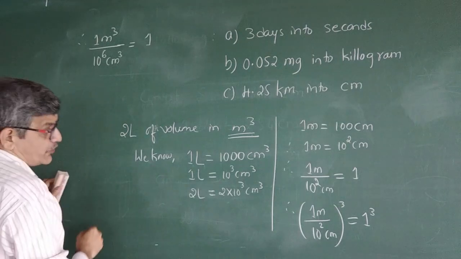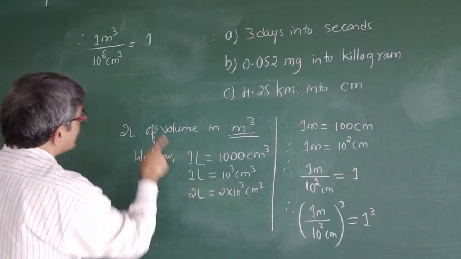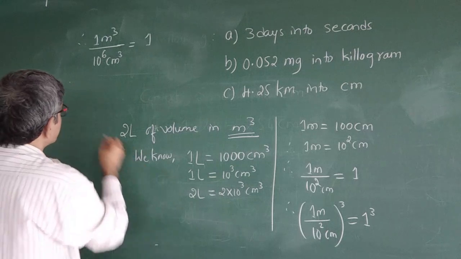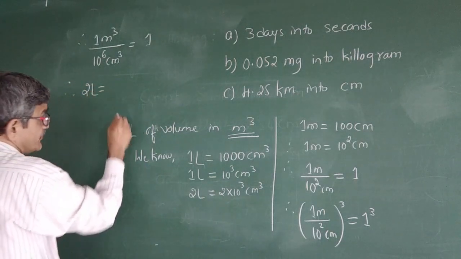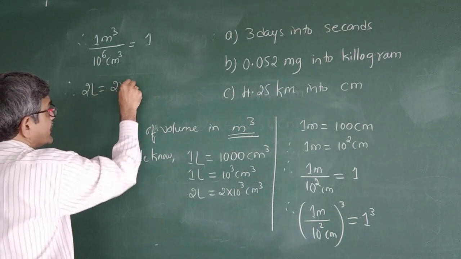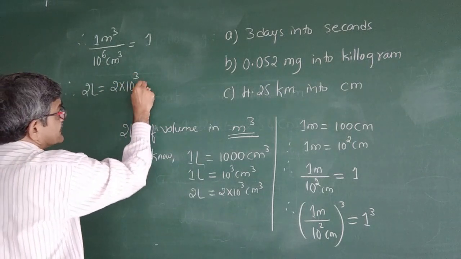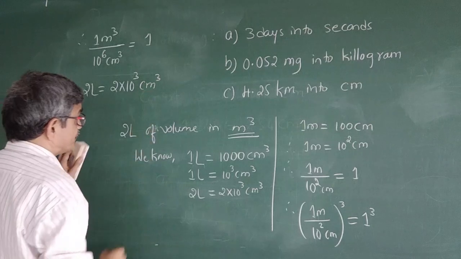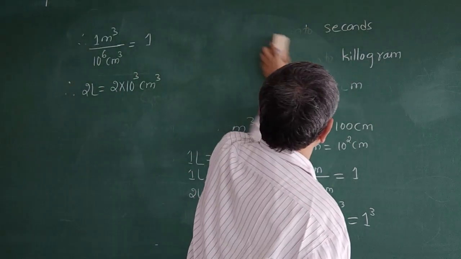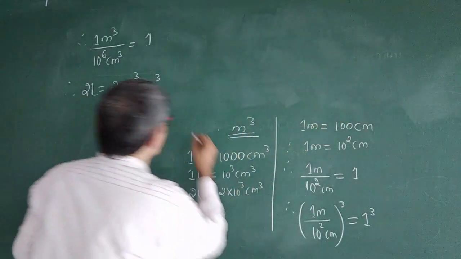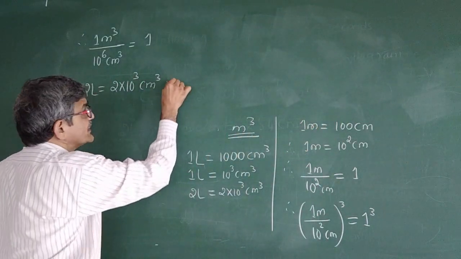Okay. So what is given is 2 liter. So I will use that now. Now centimeter cube is there, and we want meter cube. Therefore, 2 liter equal to 2 into 10 raised to 3 centimeter cube, which can be written as, I am now multiplying with the unit factor. It is the multiplying factor now.